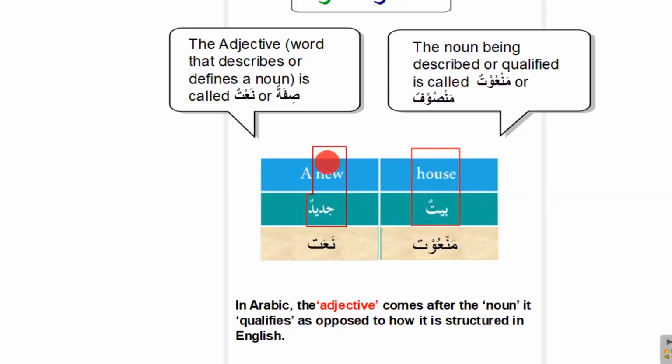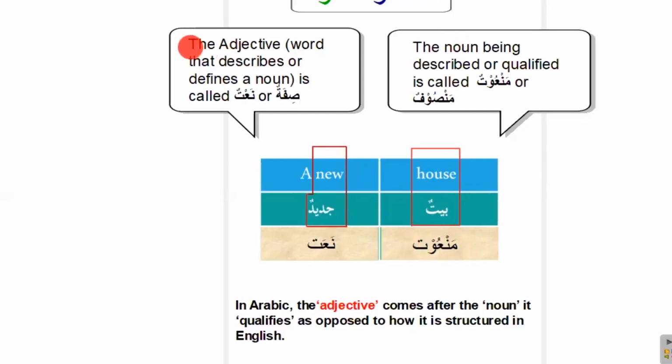So this adjective is what we mean by an-na'at. And the house is the noun that is qualified by the adjective, or the adjective is describing that noun. It is the noun described by the adjective, so it is what we call al-man'ut.